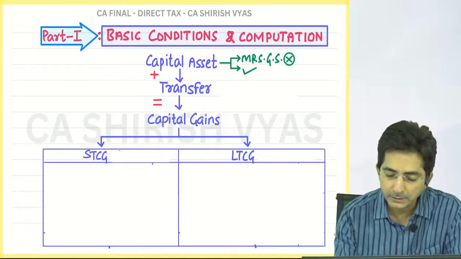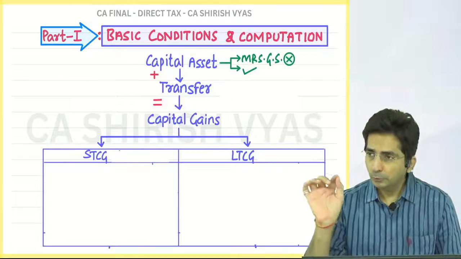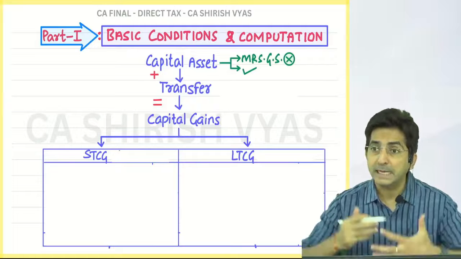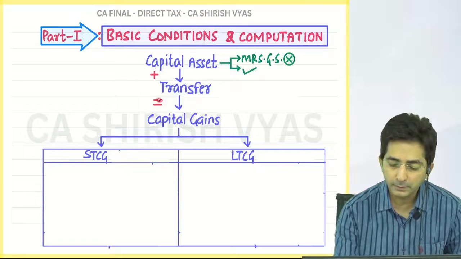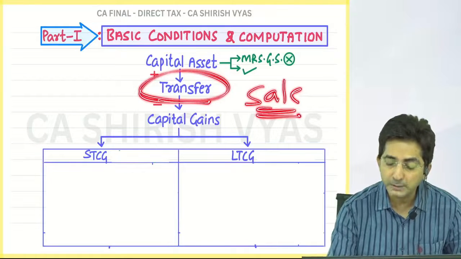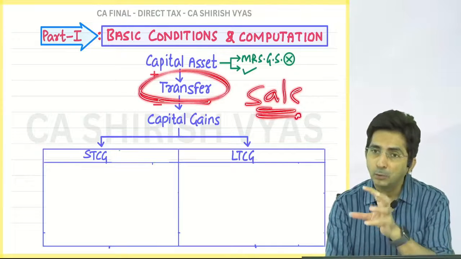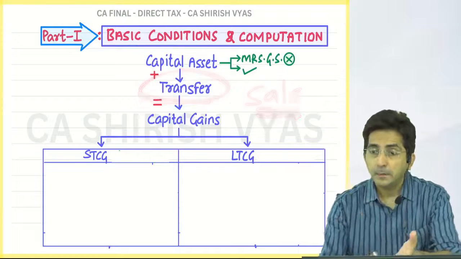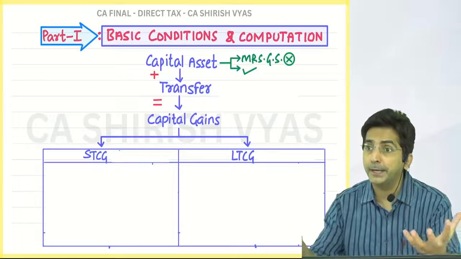Now, the next point is transfer. What do you mean by transfer? If the government had told you to sell the asset, meaning instead of the word transfer, if the law had said you should sell the asset, there should be a sale, you know what will happen? Capital gain will be restricted only to sale. And you will soon realize there are many other transactions which can generate gain.